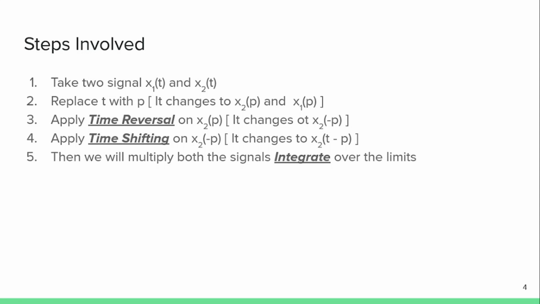We will replace t with p in both the signals. Apply time reversal on any one of the signals. Let's say I apply it on x2 of p, it will become x2 of minus p. In the fourth step, we will apply time shifting on x2 of minus p, it will become x2 of t minus p. In the final step, we will multiply both the signals and integrate over the limits from minus infinity to infinity.